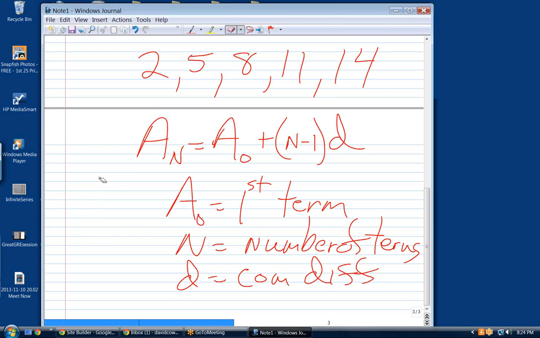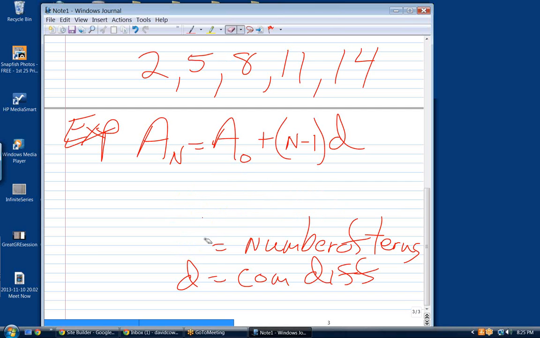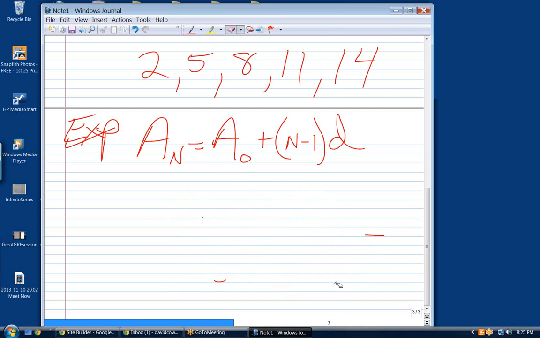Let's keep talking about arithmetic for a moment, because this is the explicit, and the explicit always defines the nth term in terms of the first term and the common difference. If I want the recursive sequence, then the nth term is equal to the term prior to it plus d.